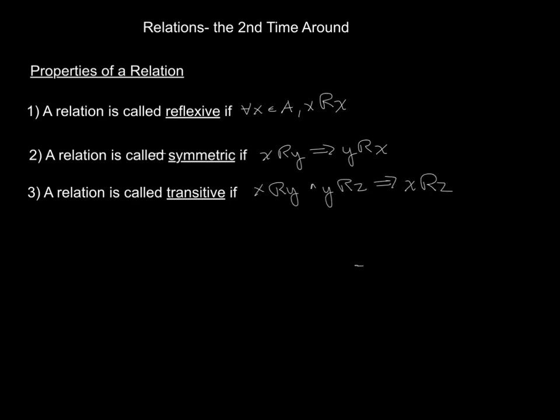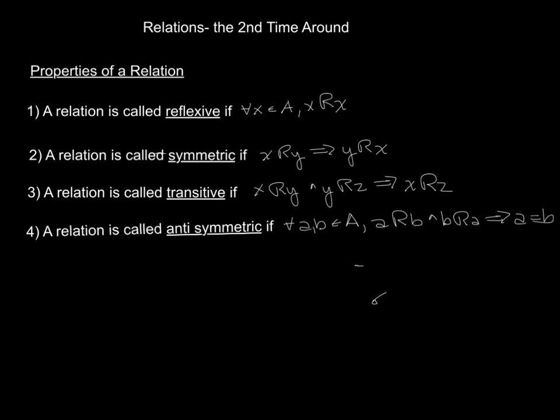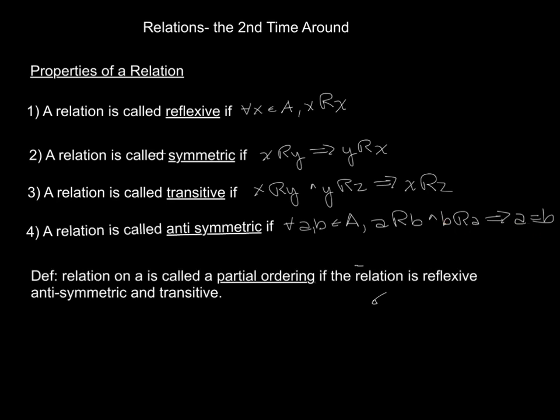The transitive property says if x is related to y and y is related to z, then x is related to z. There are a couple of definitions. A relation is called anti-symmetric if for all a and b in the set, a is related to b and b is related to a implies that a is equal to b.